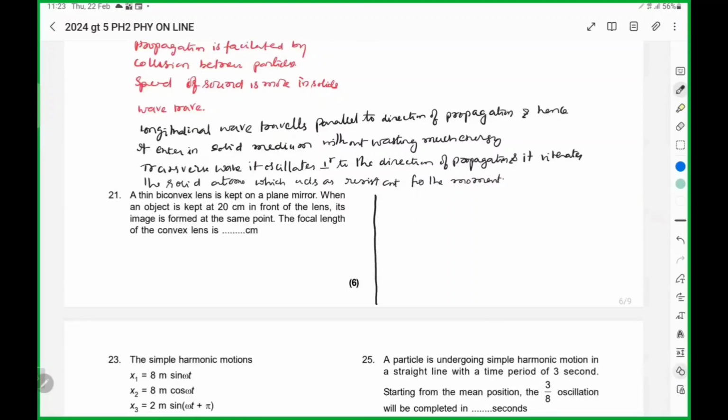A thin biconvex lens is kept on a clean mirror. When an object is kept at 20 centimeter in front of the lens, the image is formed at the same point. Here is a plane mirror.